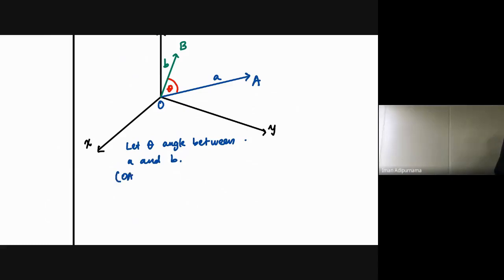Or the segments OA and OB, in which the angle theta is between. Let me write it like this. So the angle theta can be from 0 to pi.